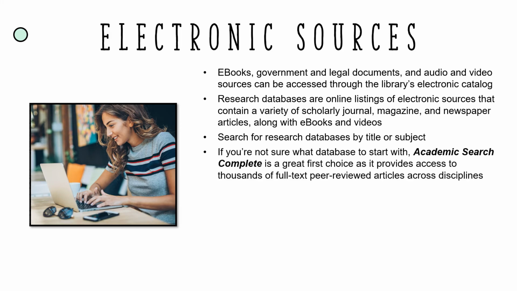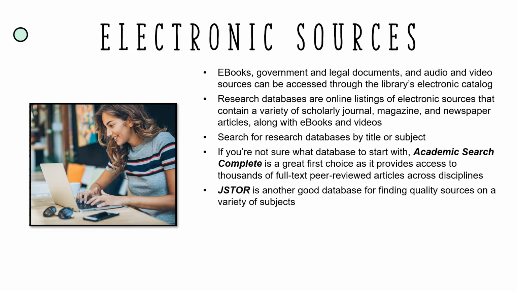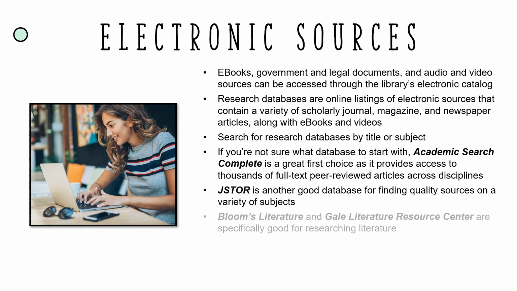If you're not sure what database to start with, Academic Search Complete is a great first choice, as it provides access to thousands of full-text, peer-reviewed articles across multiple disciplines. JSTOR is another good database for finding quality sources on a variety of subjects. As previously discussed, the Bloom's Literature and GALE Literature Resource Center databases are specifically good for researching literature.